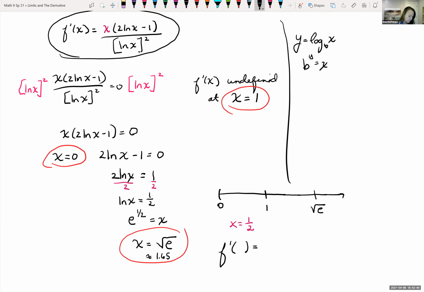So we would have 1/2 all times 2 natural log of 1/2 minus 1 all over natural log of 1/2 quantity squared. Let me just see what the natural log of 1/2 is. I believe it's negative. It is negative. It's a negative 0.7.